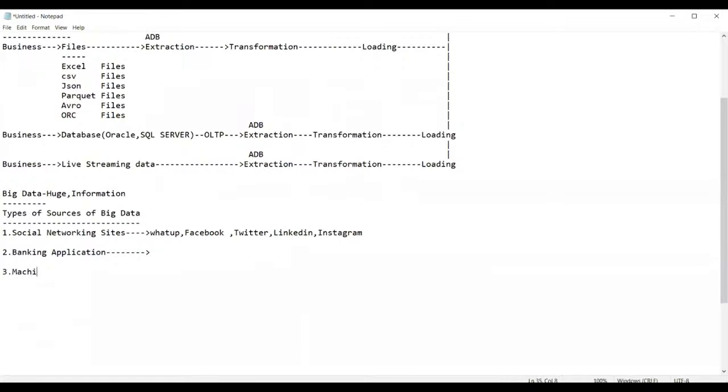Then we can also get data from machine generated data. What do you mean by machine generated data, guys? The data which is generated by a machine. Suppose you have a CT scan machine, which scans the human body, or an MRI scan machine, and even ECG machines.